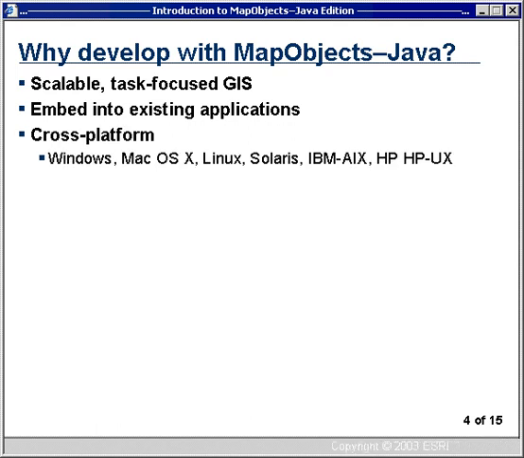Because MapObjects is a pure Java API, it's fully cross-platform. You choose the system to develop with and the system to deploy to, such as Windows, Macintosh, Red Hat Linux, Sun Solaris, or any of the others listed here. You can refer to the MapObjects-Java product pages for all the latest technical specifications.